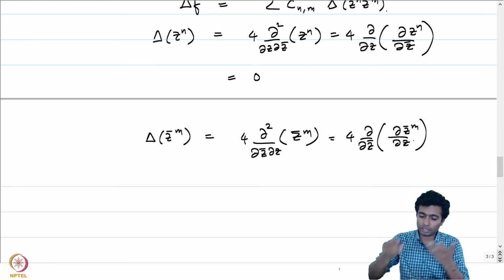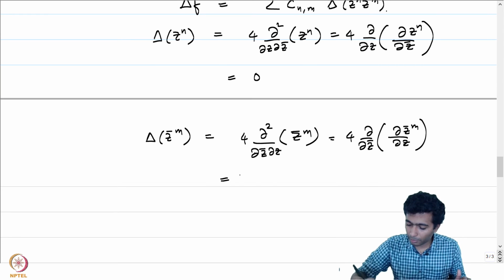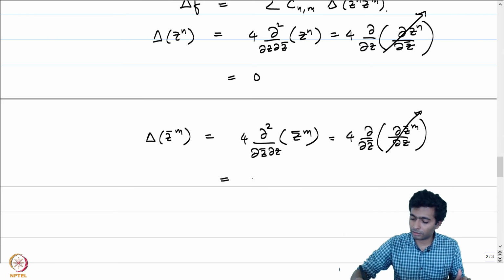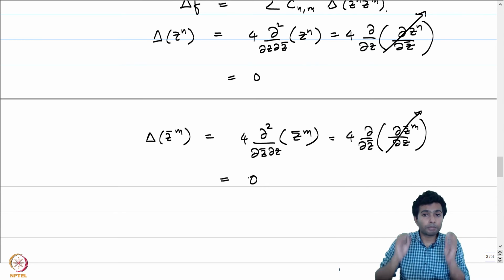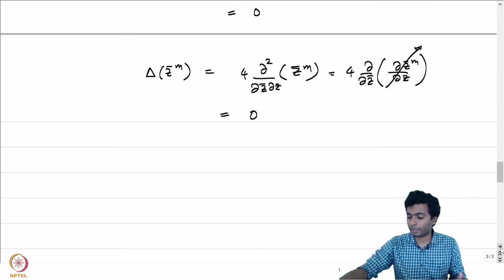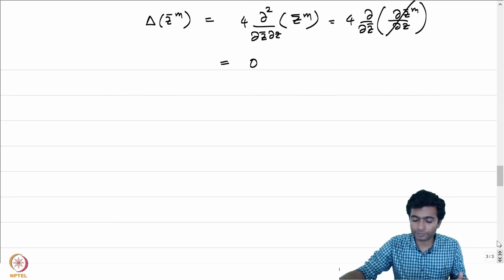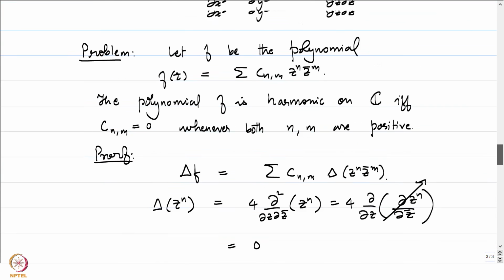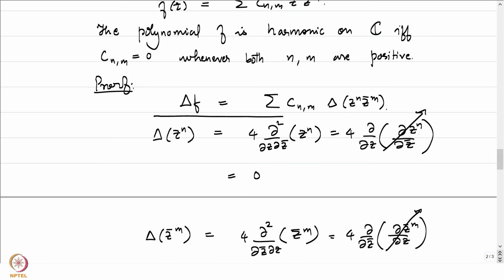And we have just seen in the previous problem that this vanishes, just like how this vanishes. And this is equal to 0. So the z̄^m also are harmonic. The Laplacian of such functions also vanishes. So in particular, if you get back to the expression here, whenever either m is equal to 0 or n is equal to 0, the Laplacian always vanishes.